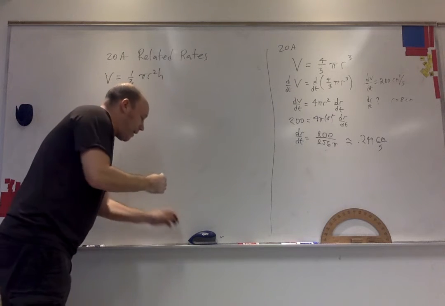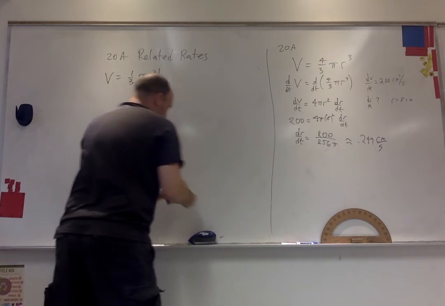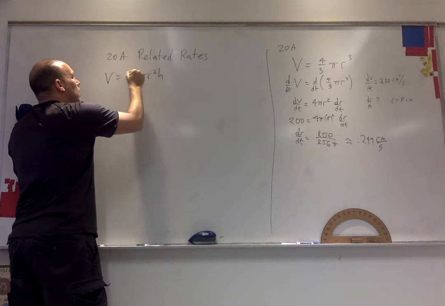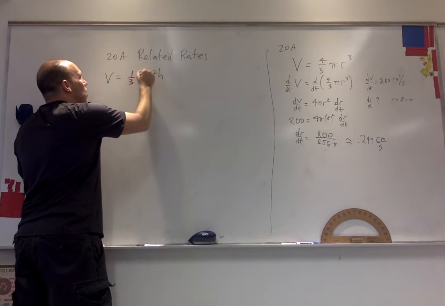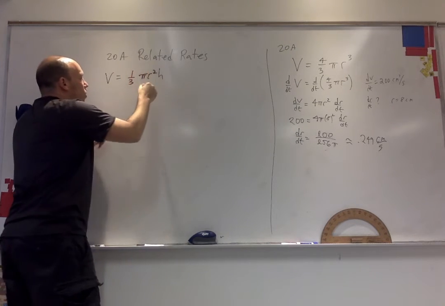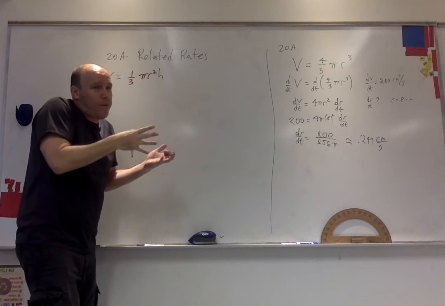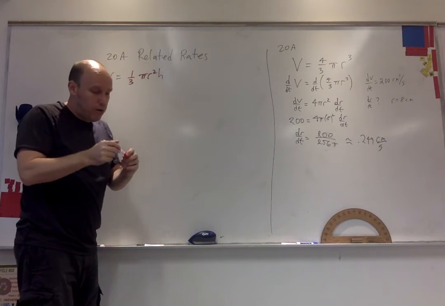Now, what the book does is they write it separately, like two functions here. So 1/3 pi r squared is one function, and the height is another function.